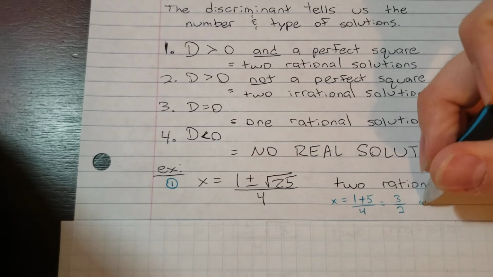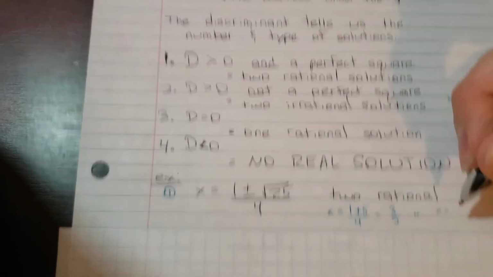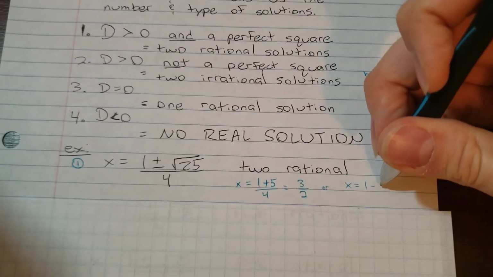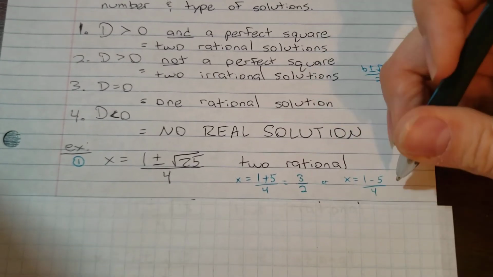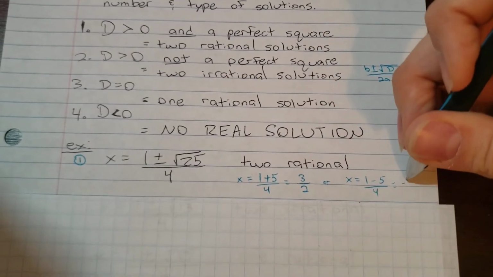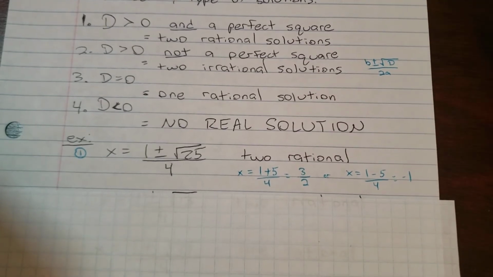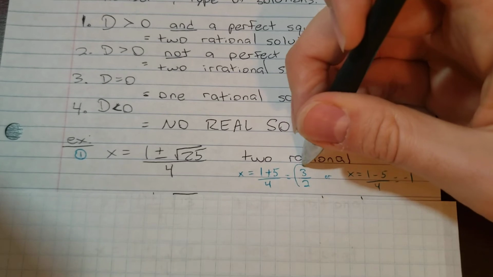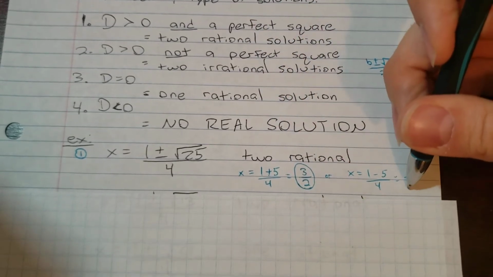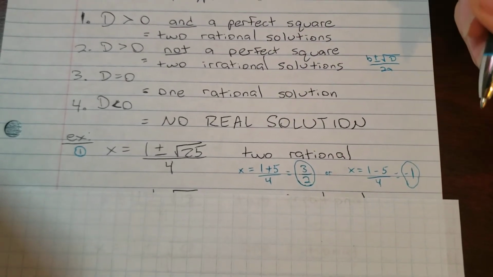And 1 minus 5 divided by 4, which is -1. Right, so we have two rational solutions, 3/2 and -1.